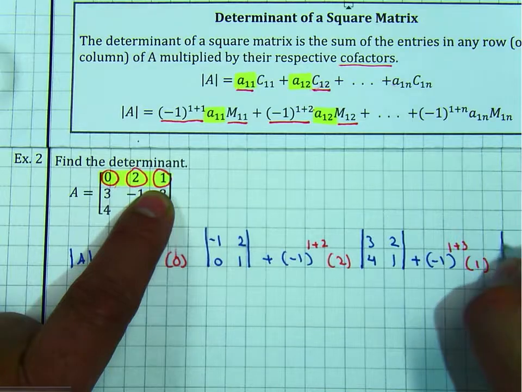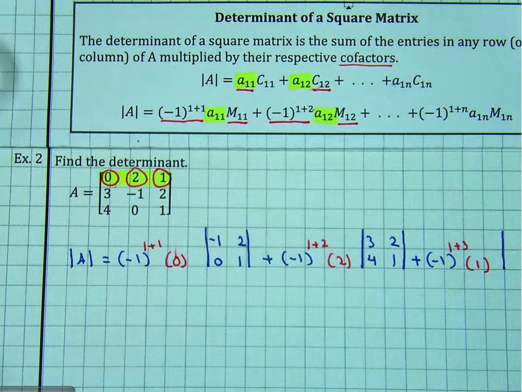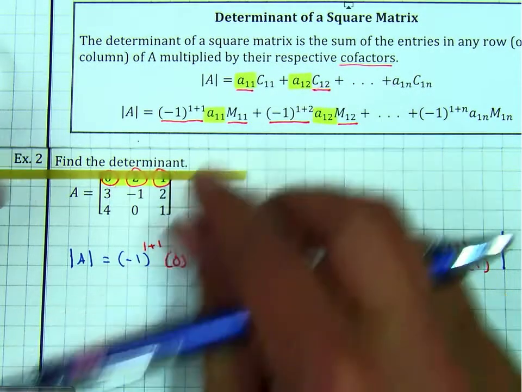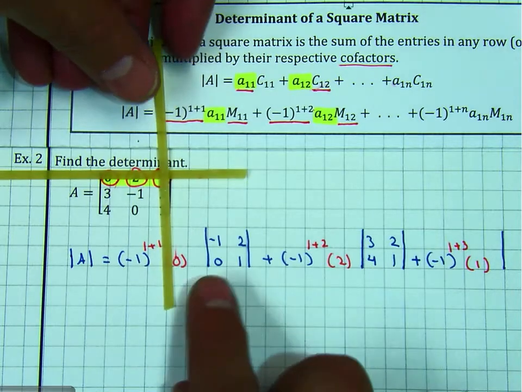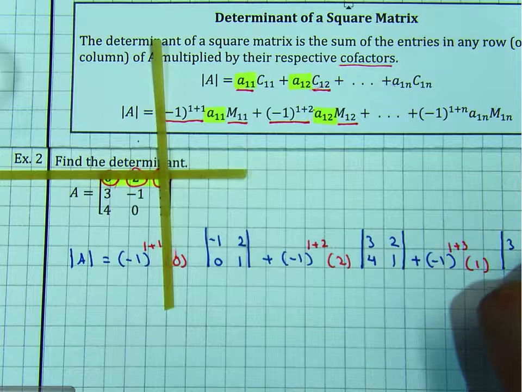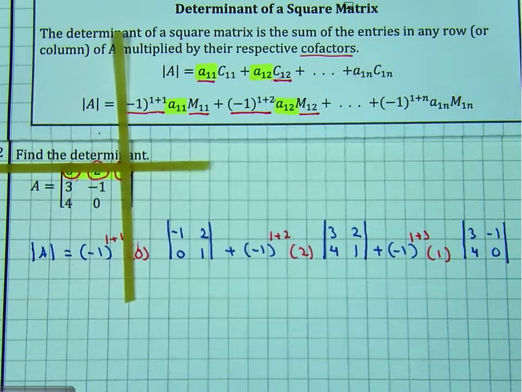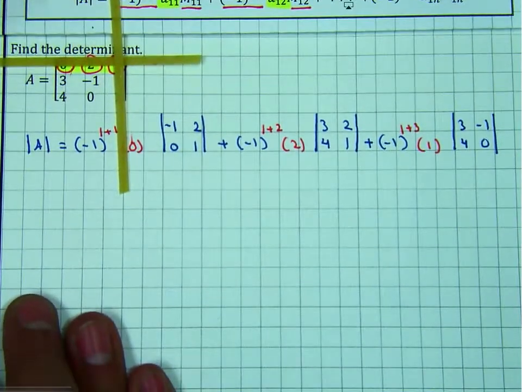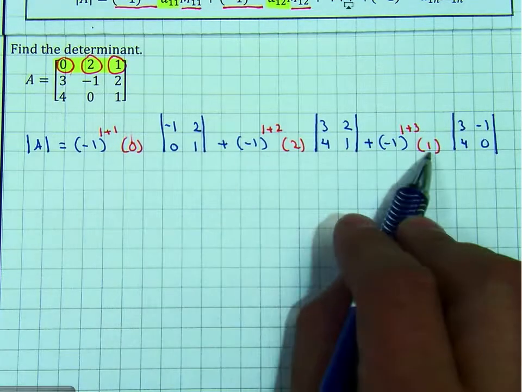Then the determinant of the matrix that you get by deleting the row and the column where the number is located. So in this case, there'll be 3, -1, 4, and 0. And now I just need to simplify this expression. So I finish all 3. 1, 2, 3.